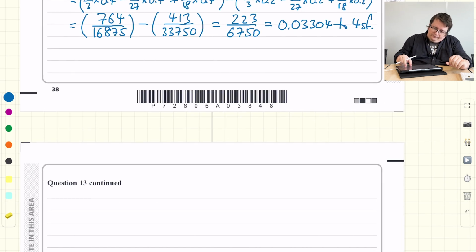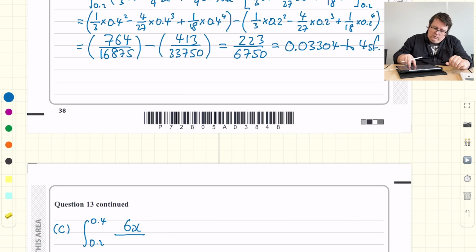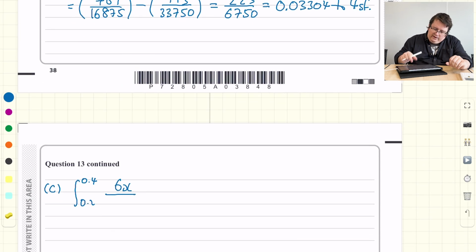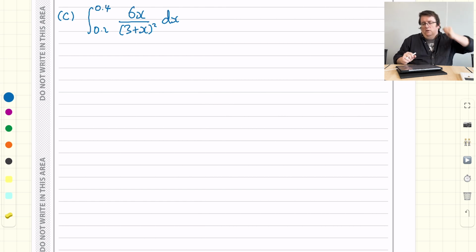Okay, so part C. The integral between 0.2 and 0.4 of 6x over 3 plus x squared, wasn't it? Right. Okay, so method for this would be integration by substitution. That would be what I would choose.